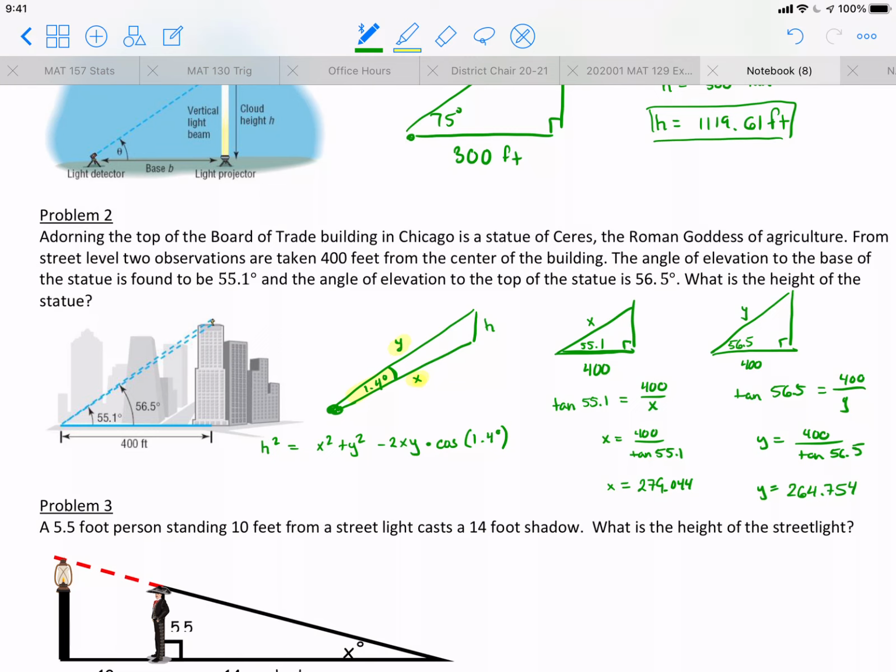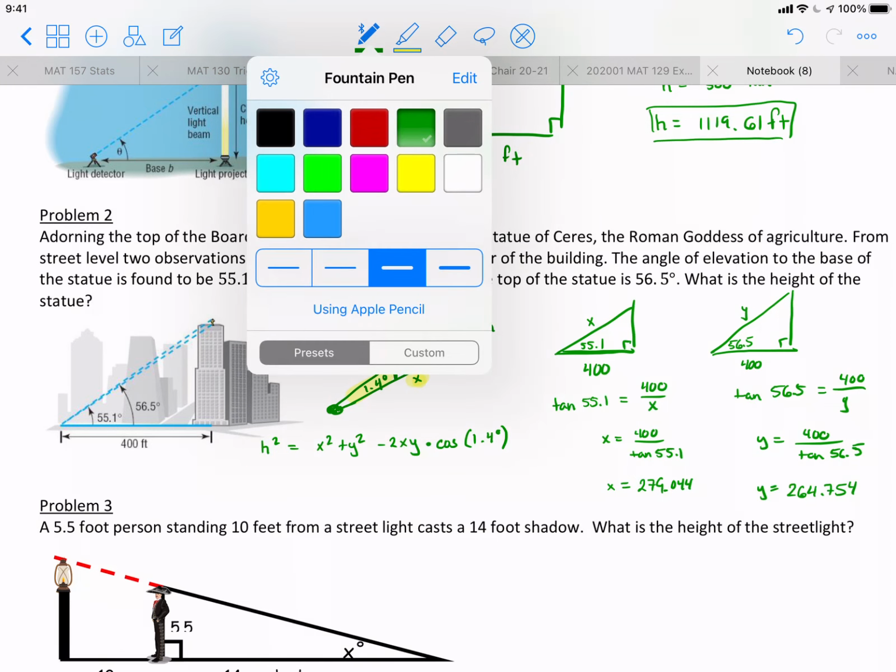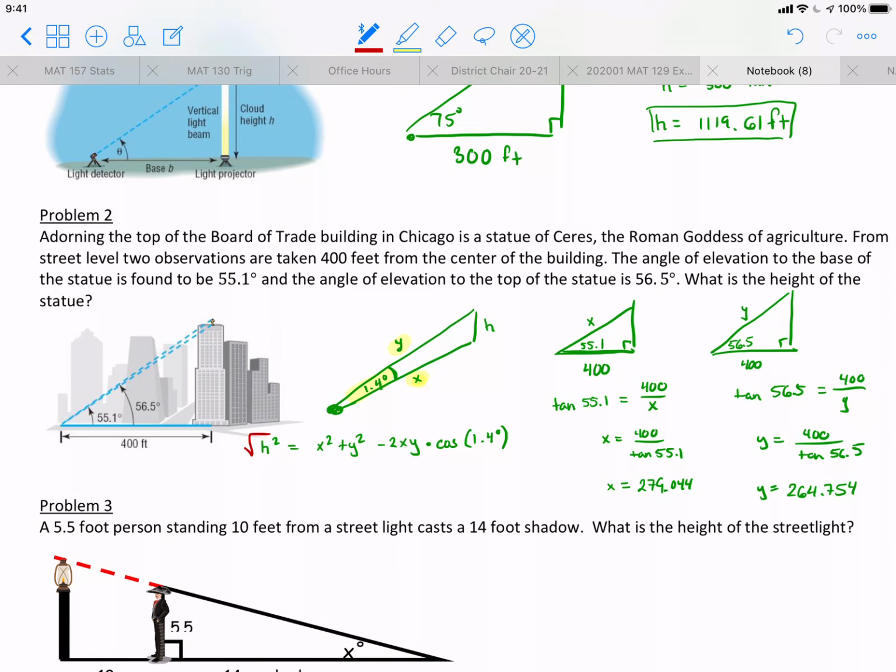And then I could plug the x and y values in, work this out, and then I'll have to take the square root of all that, right? And because it's a distance, we'll automatically take the positive square root value. And just to make my life easier for writing, I'm not going to write all those values in for x and y. So let's see here.